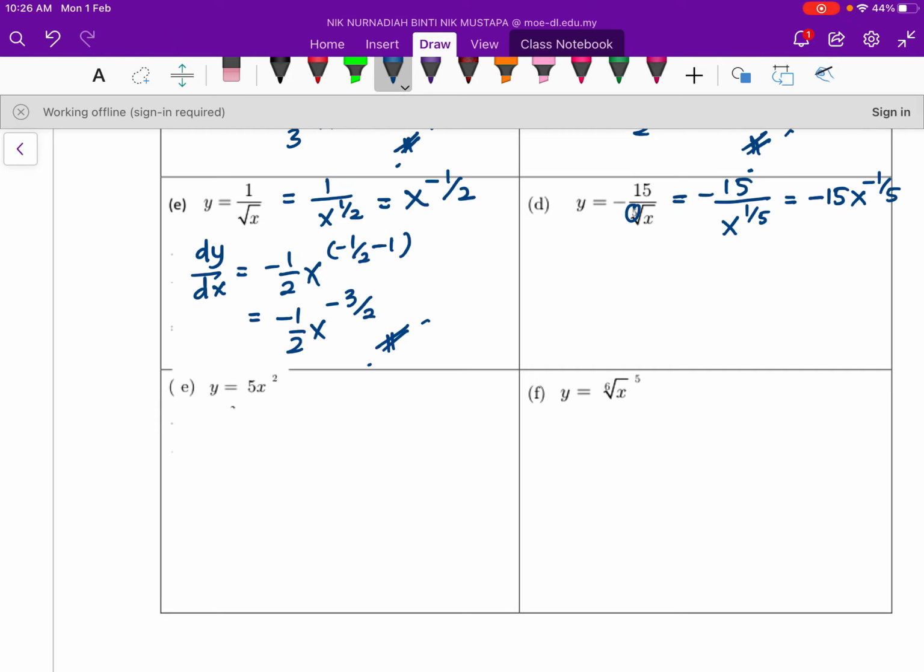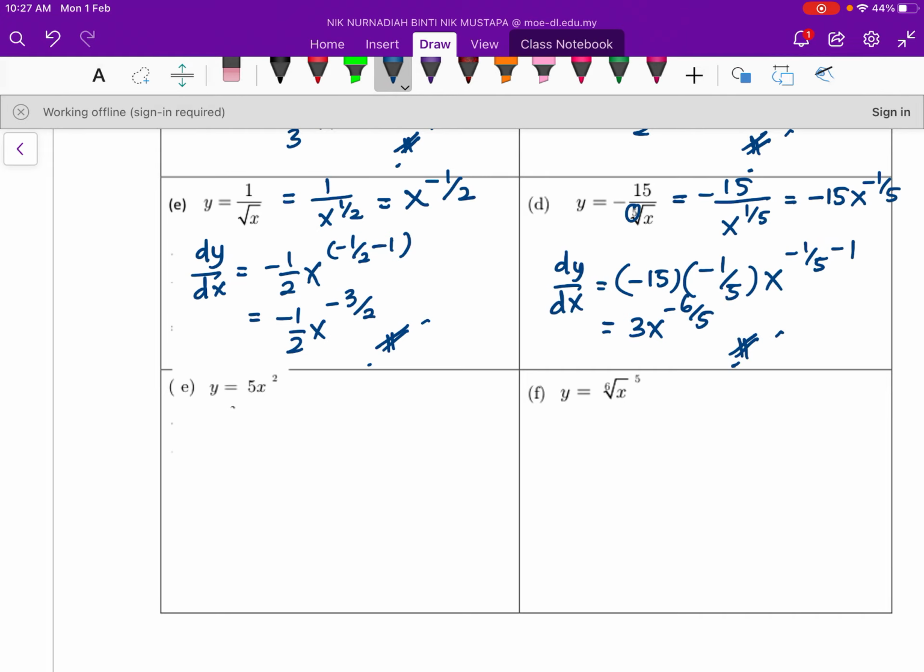That's it. Bila kat bawah naikkan ke atas jadi power negative. Then we follow the process bring down power, reduce power. So negative 15 multiplied by negative 1 over 5 x to the power of negative 1 over 5 minus 1. So the answer is 3x to the power of negative 1 over 5 minus 1, negative 6 over 5.